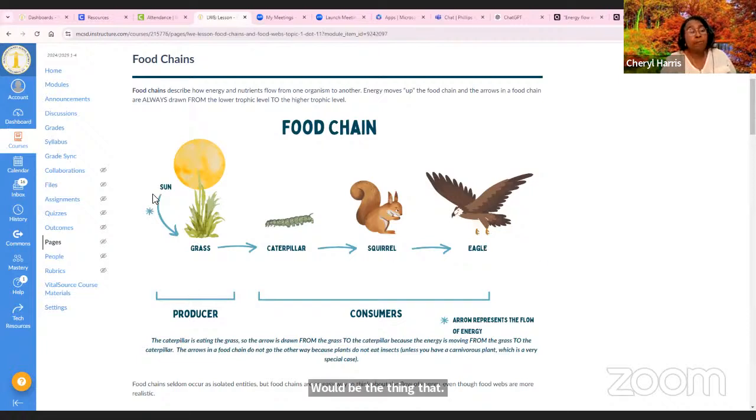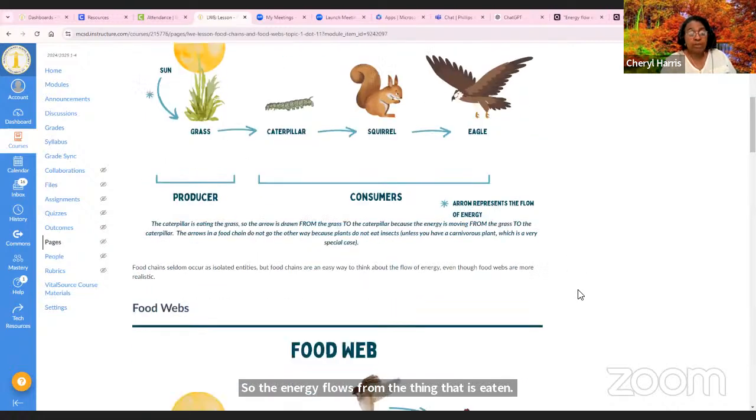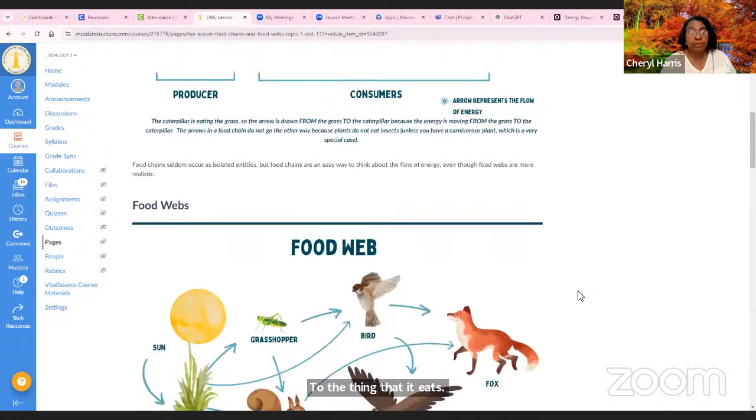Okay. Now, the other thing you need to remember is that it does matter which way the arrows point. The arrows point in the direction of energy flow. So the energy flows from the thing that is eaten to the thing that eats it. So I think we talked about that yesterday.